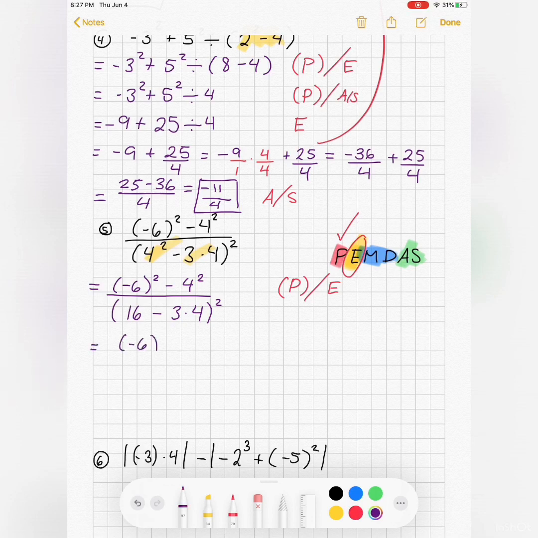Okay, now I'm still looking at that parentheses in the denominator. Now I'm going to do my multiplication. I'm still inside the parentheses, now looking at the multiplication division.